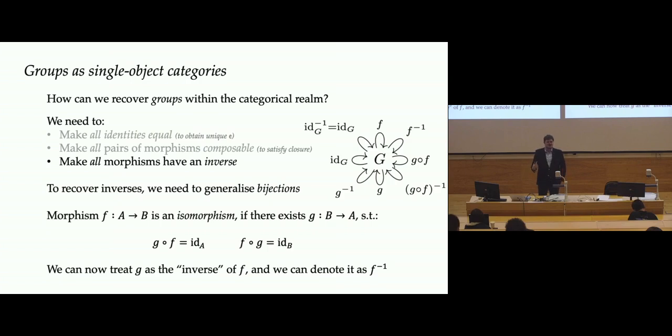Well, in the case of groups, there's exactly one object, so these two will actually resolve to the same identity. And you can then treat this G morphism as the so-called inverse of F, and sometimes denote it as F to the minus 1. So if you can ensure that these morphisms always exist, now you suddenly have a group. So a group is a single object category where every morphism is an isomorphism.